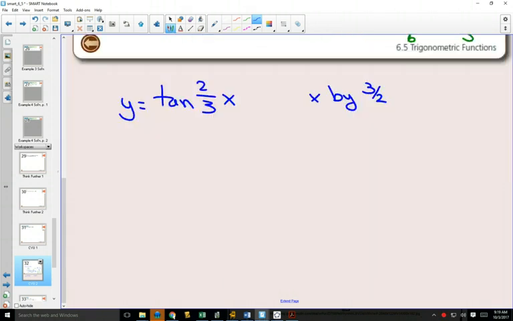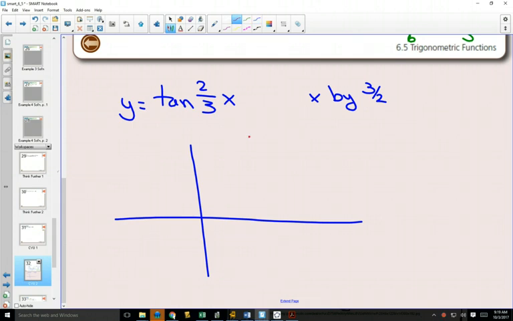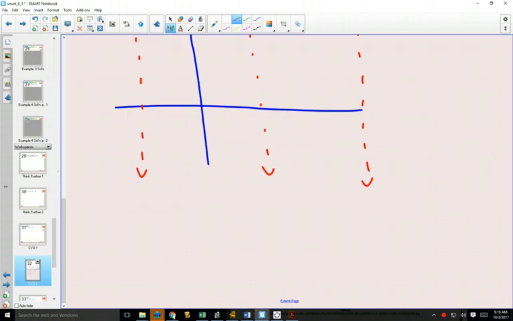So when graphing your tan graphs, your tan graphs have asymptotes. And those are the easiest things to start with.